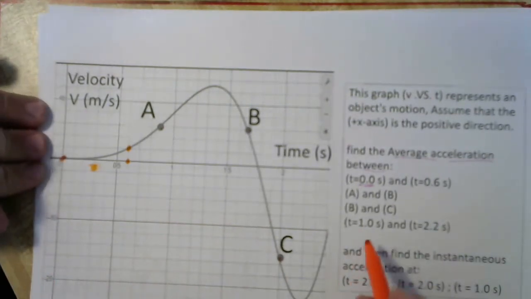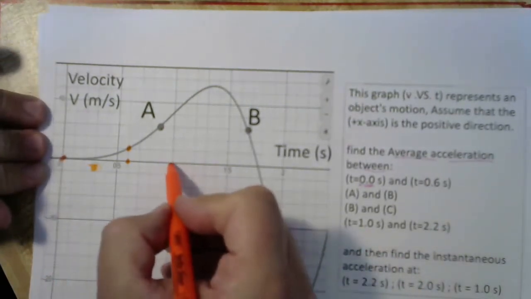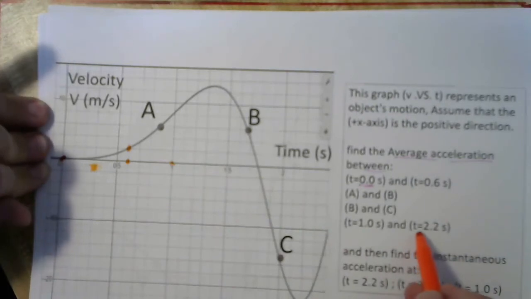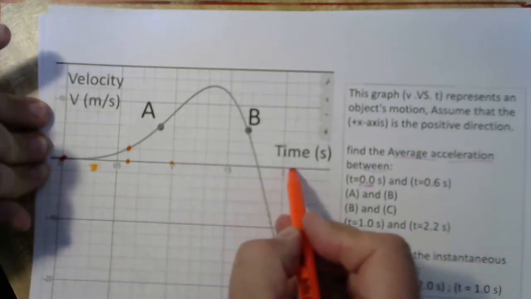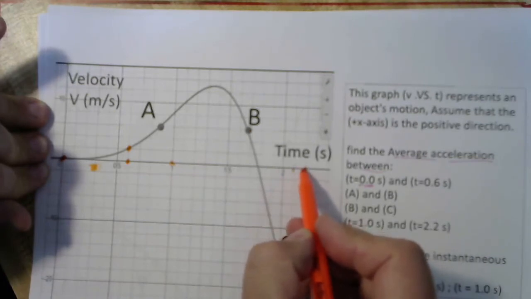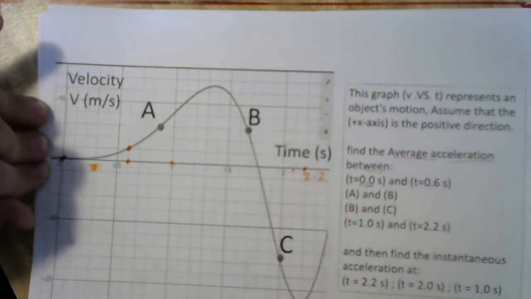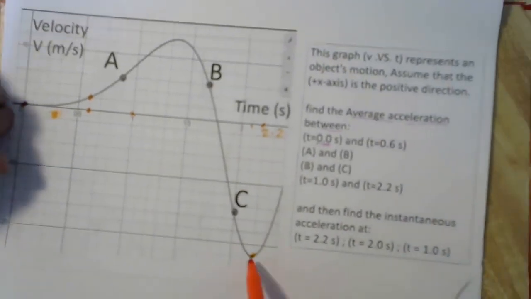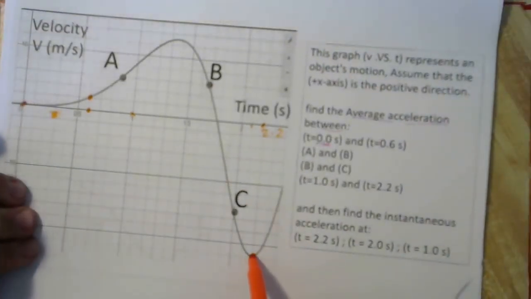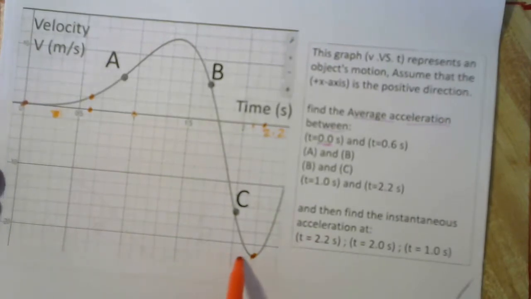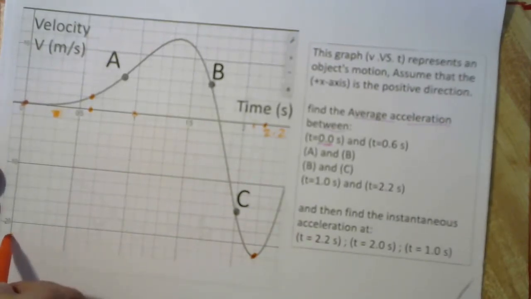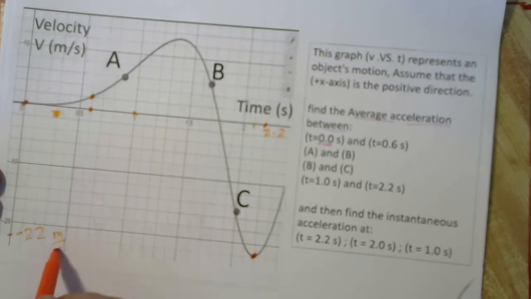Also between t equal 1 and t equal 2.2. This is 2.1, 2.2, this is time 2.2, and this is the point where the velocity is about minus 22 meters per second.